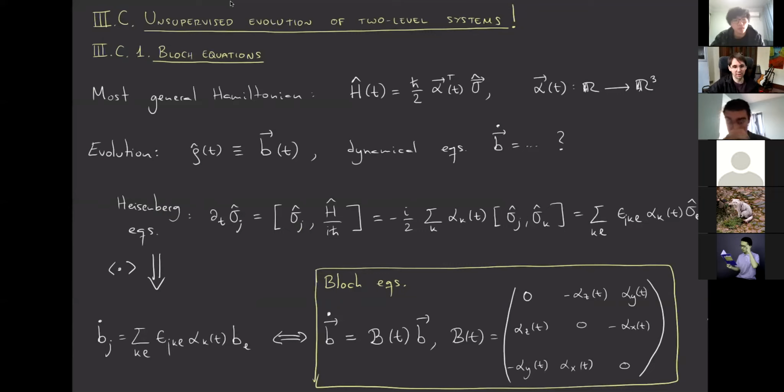So this is just the simplest or the fastest way of finding that. I also encourage you to find it in the Schrödinger picture, because you can do it there too. You can ask, what is the time derivative of rho? You write the von Neumann equation, that's the commutator between the Hamiltonian and rho.